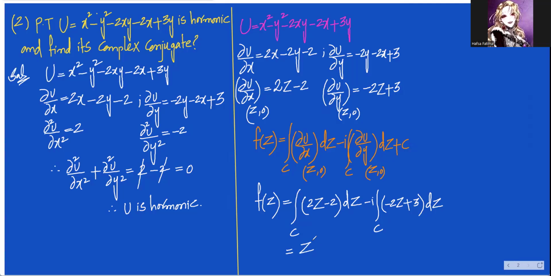It is z square, minus 2z, minus i into z square by 2 integration, which gives minus z square here, and here we get 3z. Then we can say that plus an arbitrary constant will be added. This is our f of z.